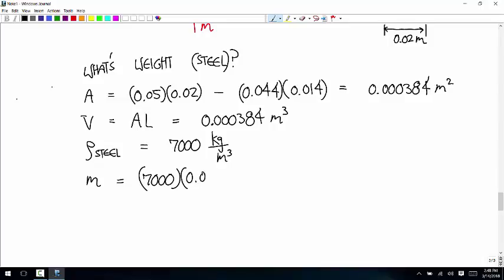What do you get for that? 2.69 kilograms. And so the weight is, what's that times 9.81? 26.37 newtons. And so that's why in most deformation problems, they just leave the weight out. It often is not a significant contributor.